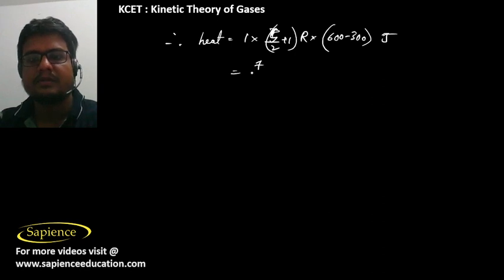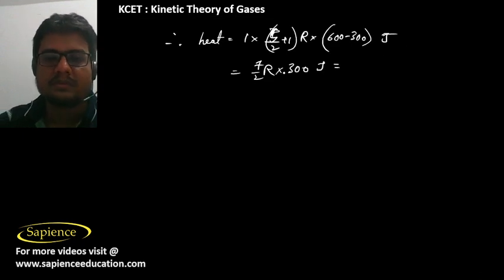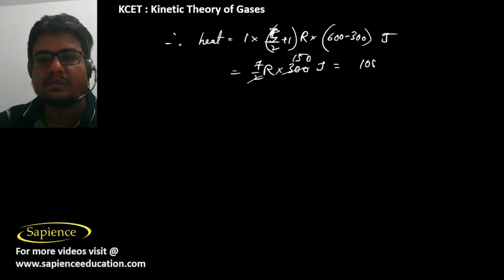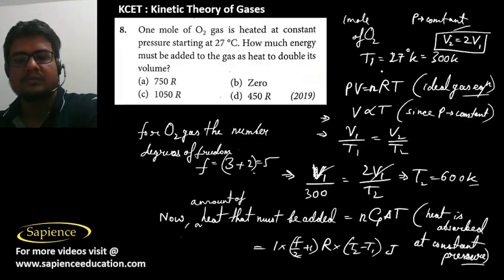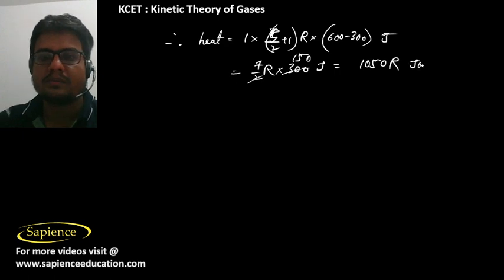So this will be 7 by 2 R into 300 joules. So 150 into 7 is 1050 R joules.